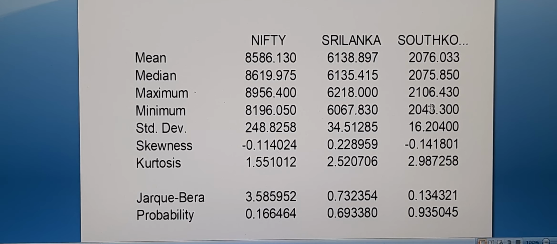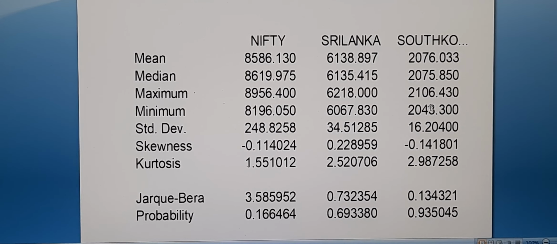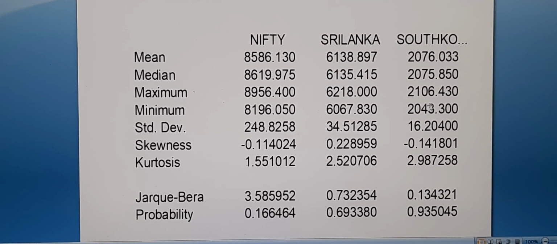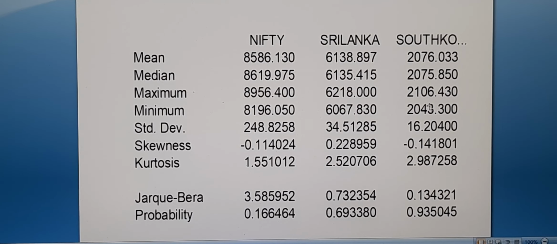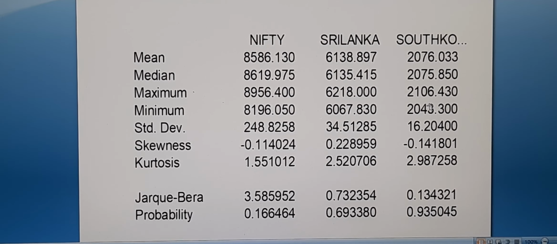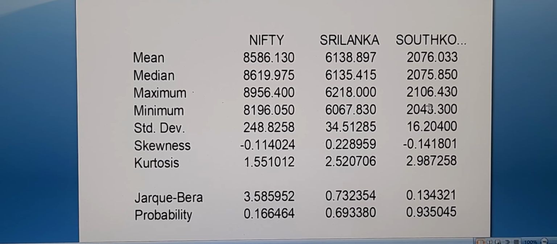0.114. And the skewness, as I have mentioned, measures the degree of symmetry. So it is a very low value, and though it is negative, approximately the series is symmetric, okay?